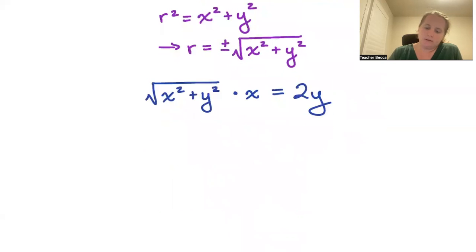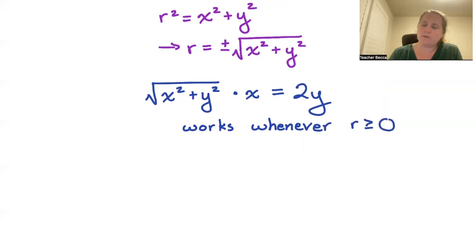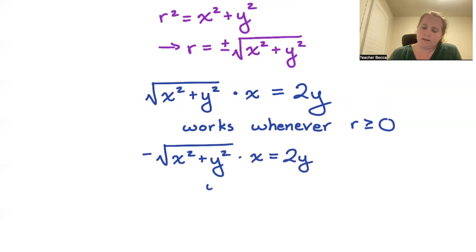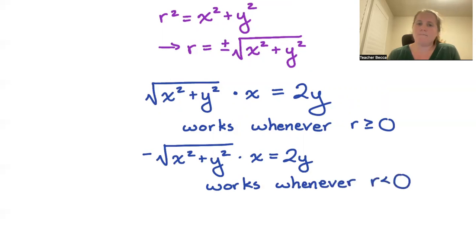This works whenever r is greater than or equal to 0. And then we would have negative square root x squared plus y squared times x equals 2y. And this works whenever r is less than 0.